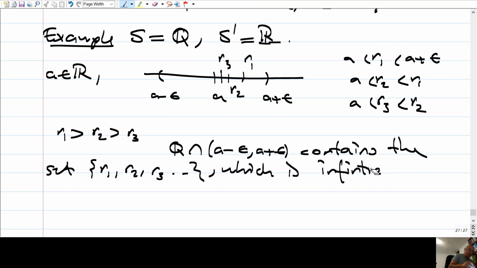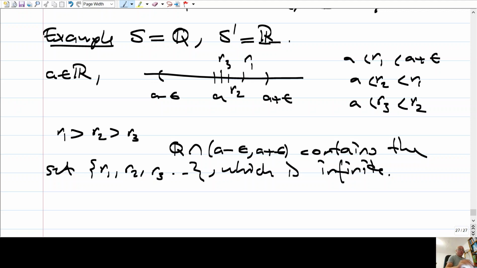Or maybe we could use the equivalent statement. What was that? For a real number to be an accumulation point, any deleted interval should contain an element from that set.